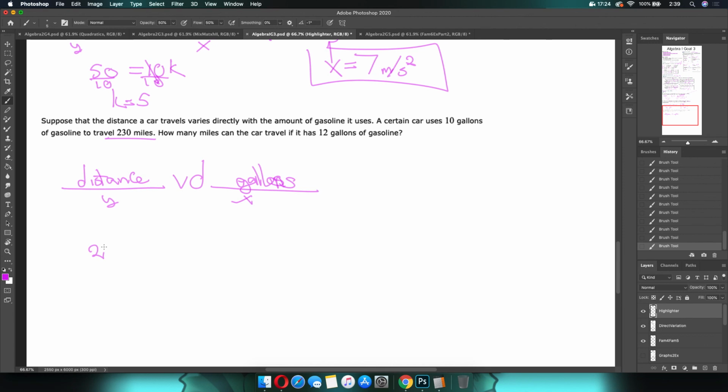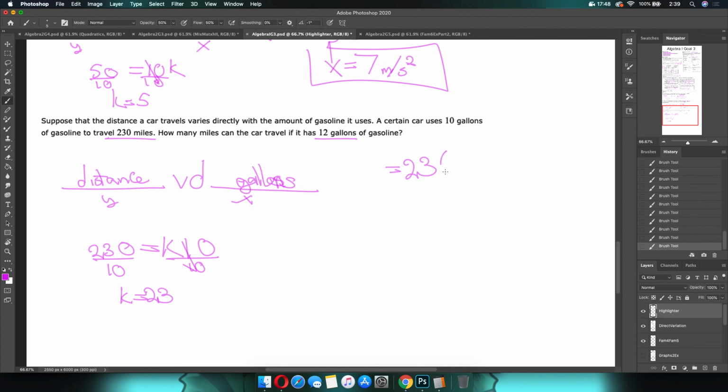So 230 equals our constant times what's our gallons? 10. So divide by 10, K equals 23. Okay, so far so good. Next, the next number they give us, the 12 gallons, is that our x or our y?